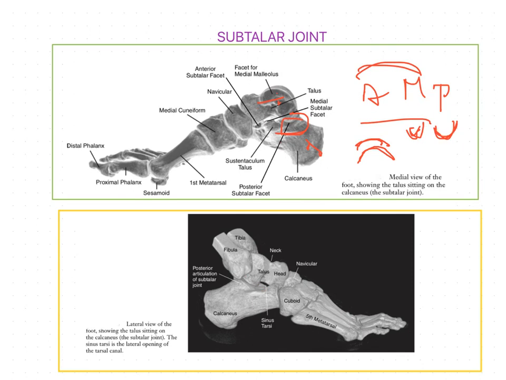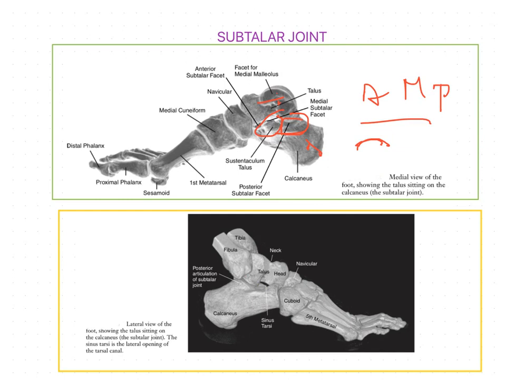Next, there is also a bony outcropping on the calcaneus called the sustentaculum tali, which you can find on the superior aspect of the calcaneum.